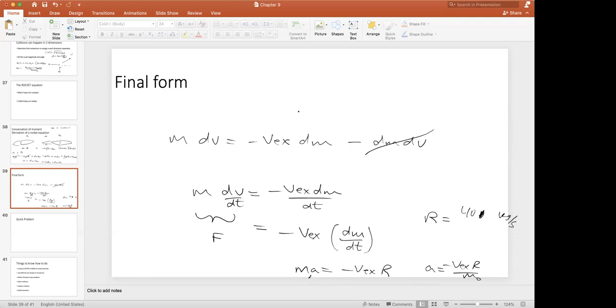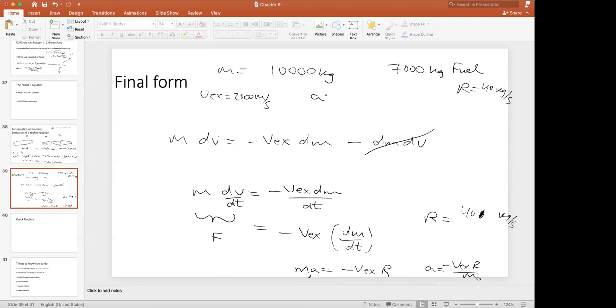One thing we could do is if I gave you the initial mass of the rocket is like 10,000 kilograms, of which 7,000 kilograms is fuel. And I want to know what the acceleration is. You would compute that here. If v exhaust were 2,000 meters per second, right? I could compute that because this would be 2,000 and let's say R is 40 kilograms per second.